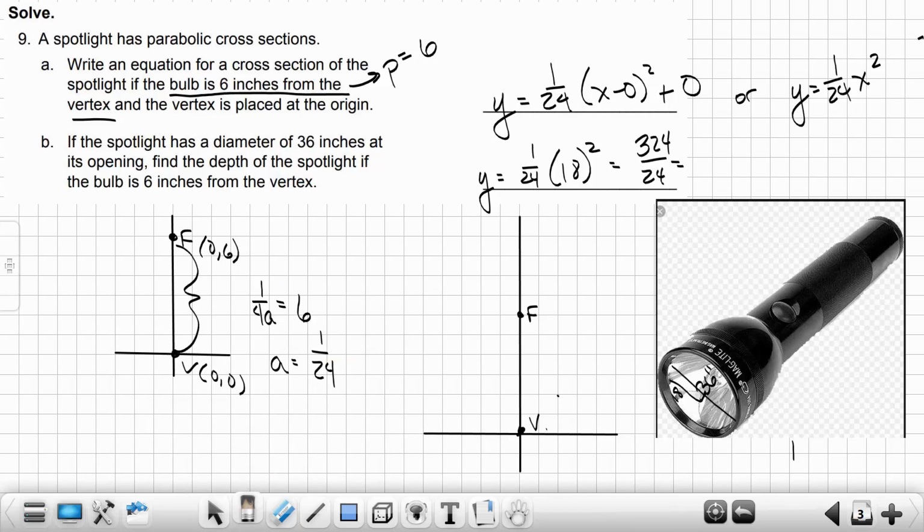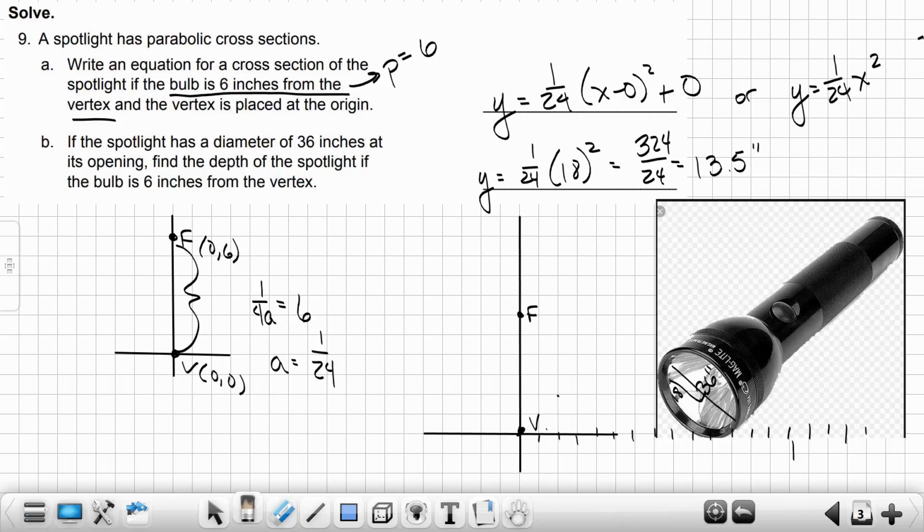Somebody asked me, I think Johnny asked me, how do I know to make it a thinner parabola or wider? This one, the distance, our p-value in this is 6. That's huge. And it goes to show that if I plug in 18 for x, 1, 2, 3, 4, 5, 6, 7, 8, 9, 10, 11, 12, 13, 14, 15, 16, 17, 18.